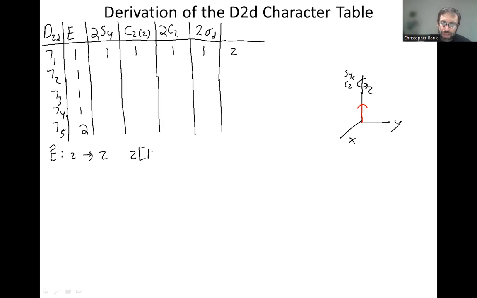Well, it's a 1-by-1 matrix where z multiplied by a 1-by-1 matrix that contains the element 1 is equal to z. And then we take the trace of this matrix, or the character of the matrix, which is where the name character table comes from. The character of a matrix is the sum across its main diagonal.